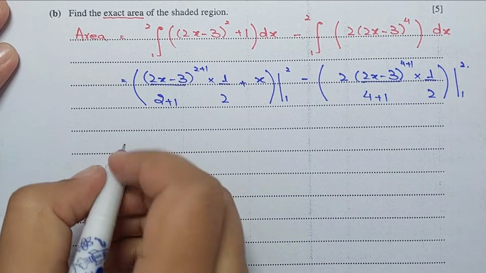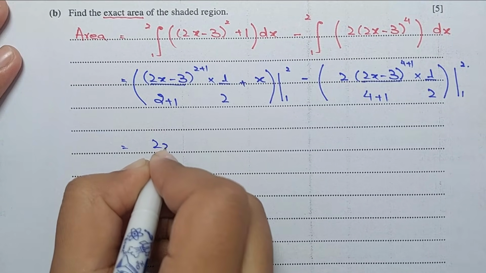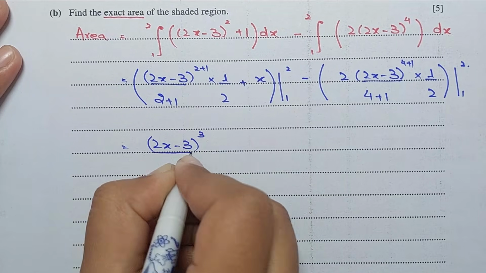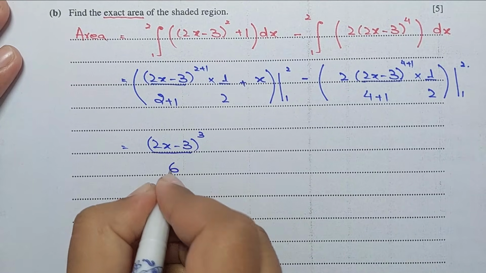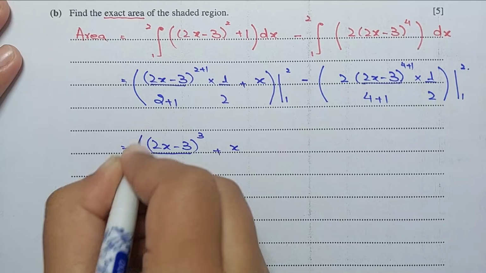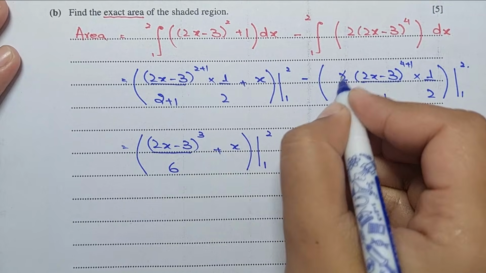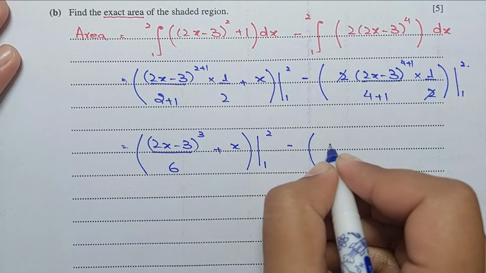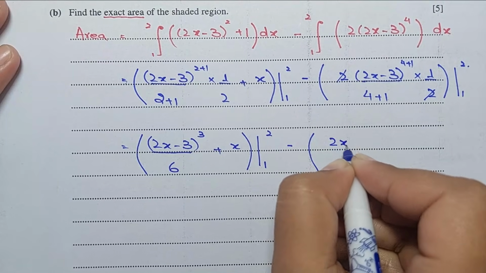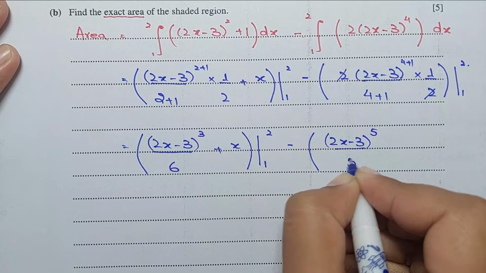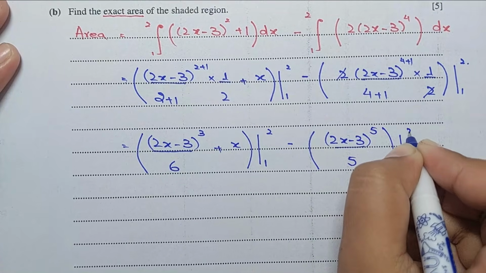Let me simplify this further. We have (2x minus 3) cubed over 3 times 2, which is 6, plus x, with the limits from 1 to 2. Subtract this, and this expression is cancelled out. We have (2x minus 3) to the power 5 over 5, with the limits from 1 to 2.